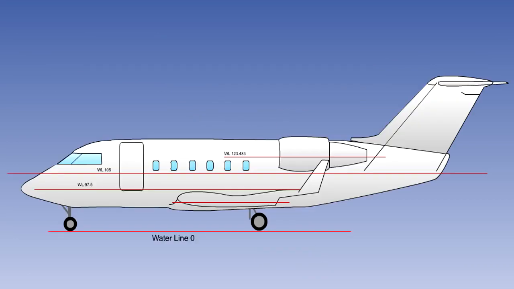Vertical position is identified from the horizontal datum. These positions are known as waterlines or buttock lines and are measured in inches from the datum. Plus is used for locations above and minus for locations below the datum. In this example, the datum is at the bottom of the extended landing gear.